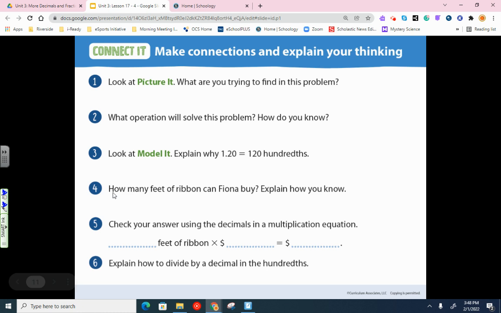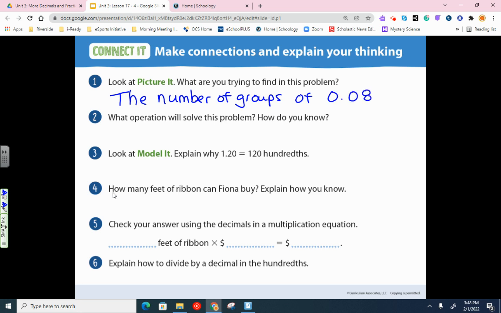So look at picture it. What are you trying to find in this problem? For the picture it part with the bar model, we're trying to find the number of groups of 8 hundredths.